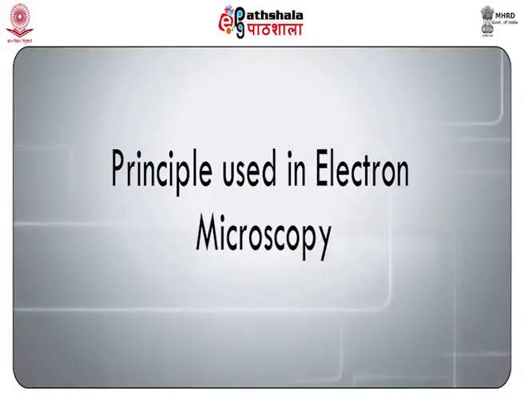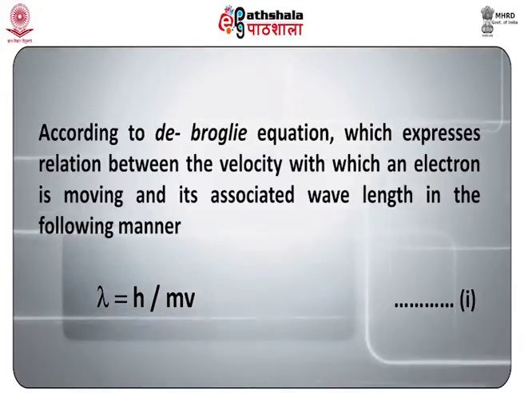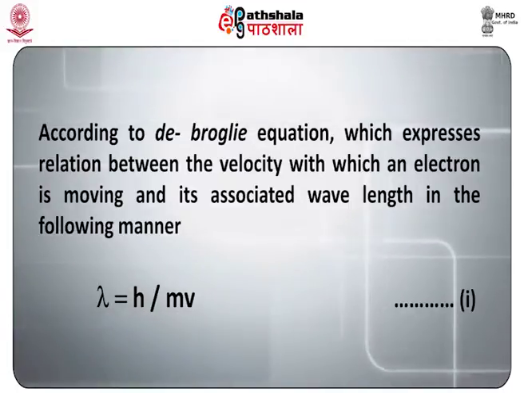Now, let me tell you something about the principle used in electron microscopy. According to the de Broglie equation, which expresses the relation between the velocity with which an electron is moving and its associated wavelength, lambda is equal to h by mv.